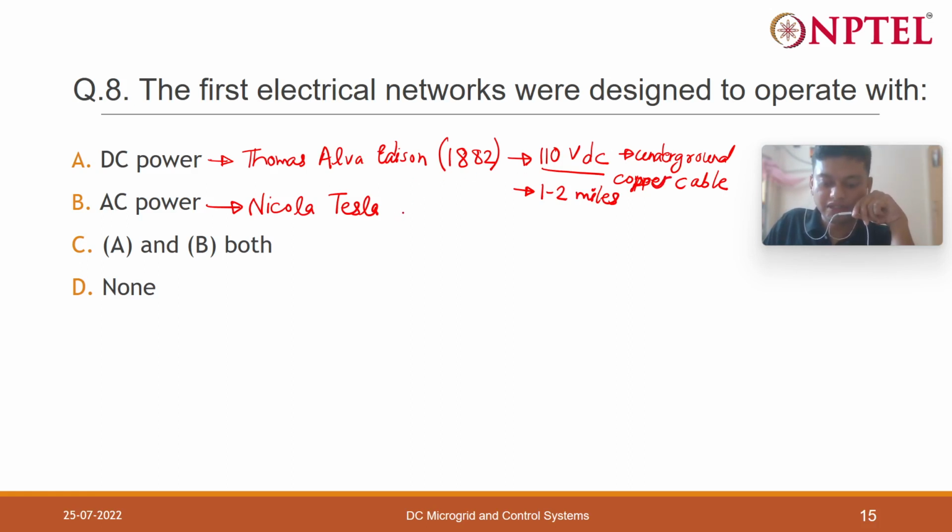And in AC power, Nikola Tesla demonstrated the first commercial AC power system of America in 1886. It could transmit electrical power at a higher voltage using transformers and had small losses and a wider service area. In comparison to the DC power system, it has a wider service area.